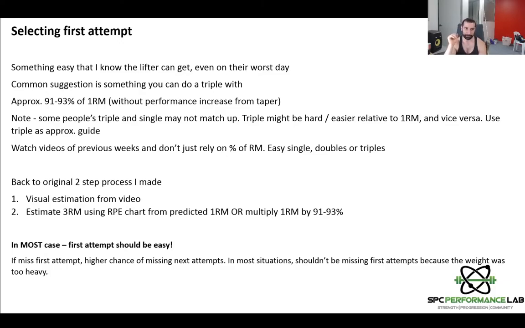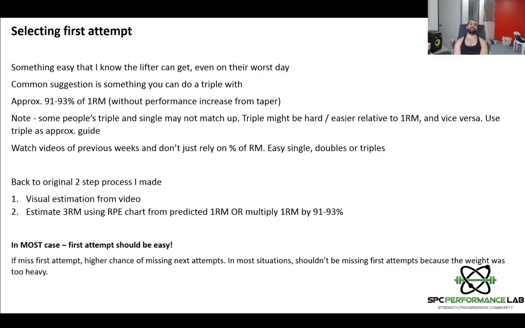Guaranteed. Okay? The common suggestion that goes around online is the first attempt can be something that you could do 3 reps with. Okay? And that can be about 91 to 93% of your 1RM. Alright?